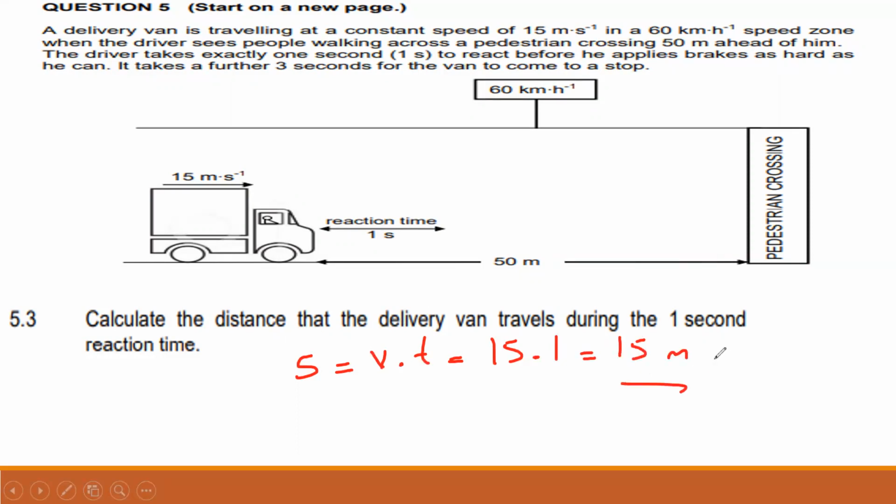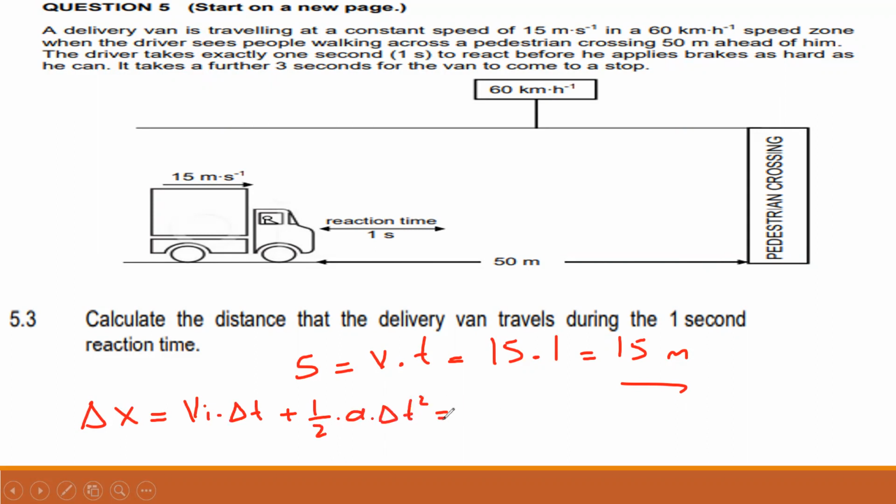Distance is 15 meters. Or you can use another formula to calculate distance. It is the displacement formula, but we can use it for distance also: V initial times delta T plus 1/2 times A times delta T squared.